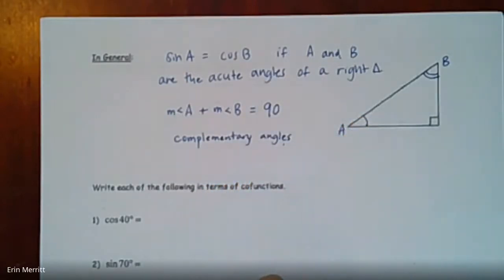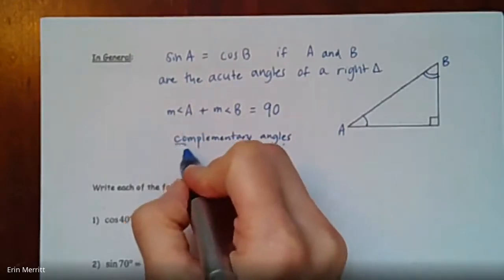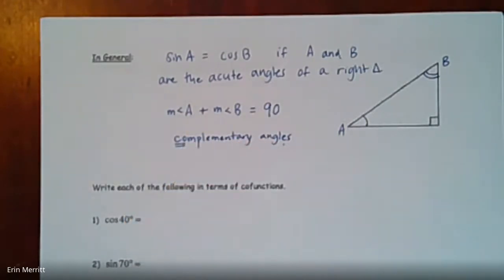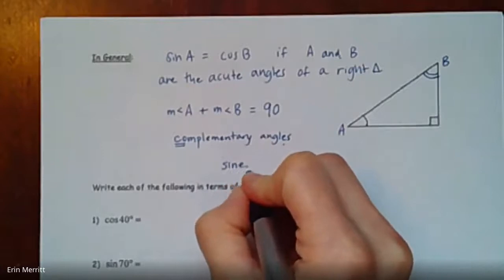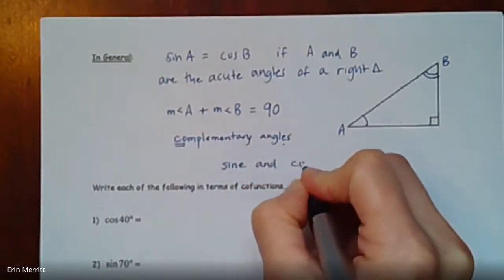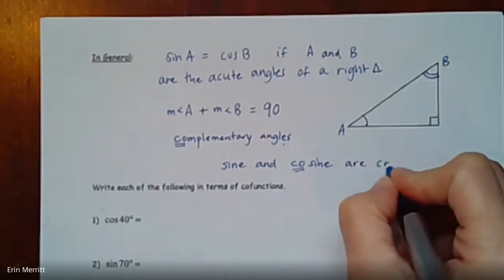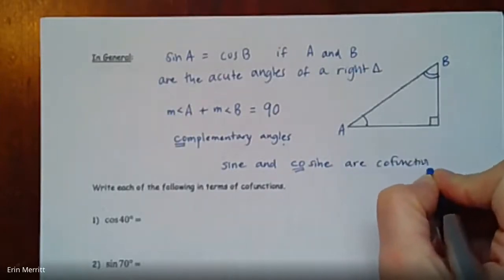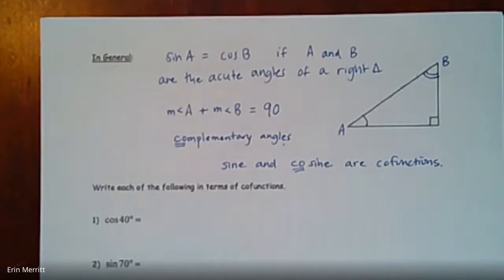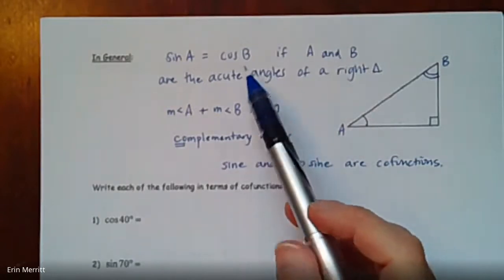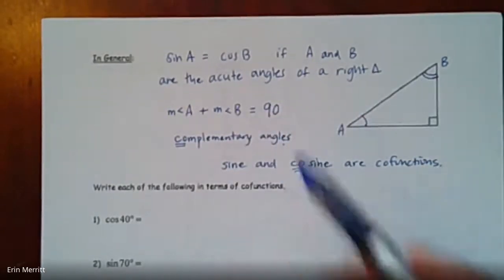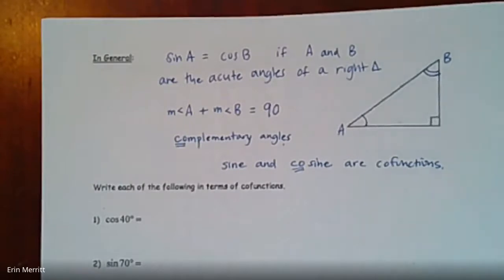So when we say that we have cofunctions, it comes from that complementary piece of it. Sine and cosine are cofunctions because they are equivalent for complementary angles.